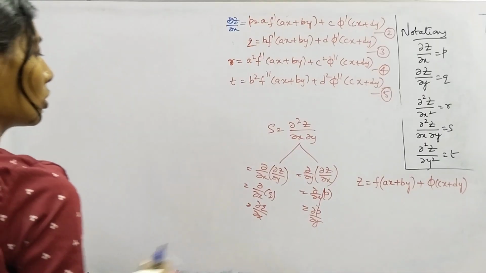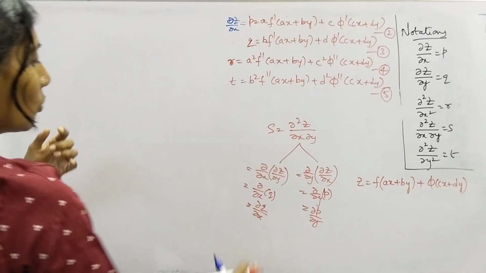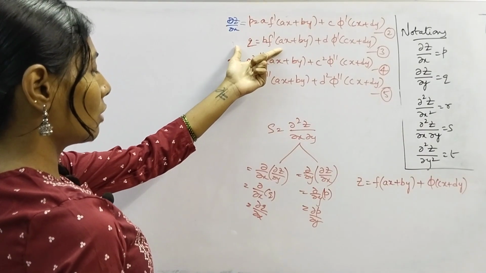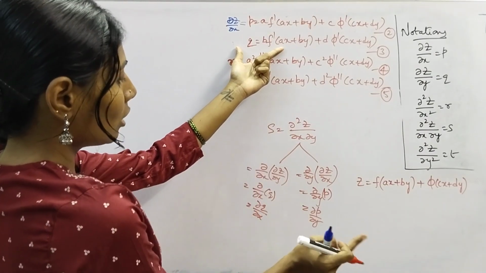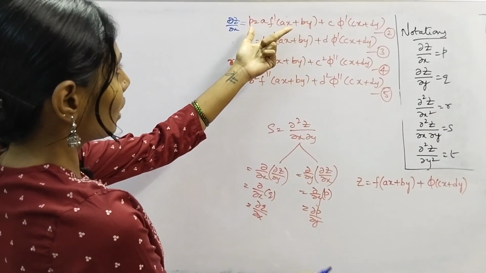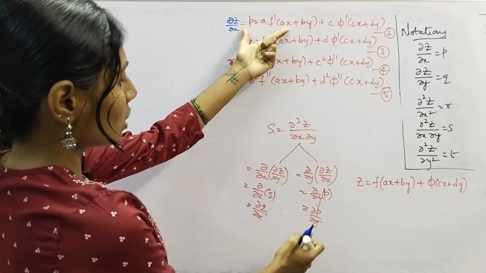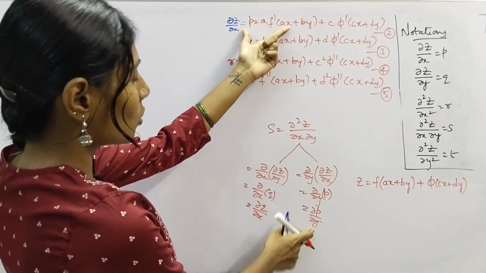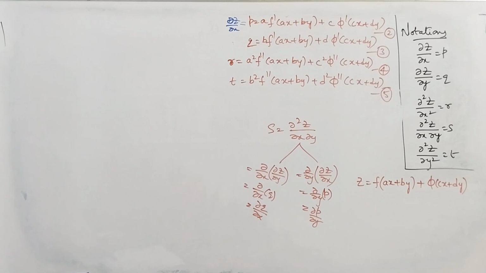Either you can pick the equation involving q or the equation involving p. So if you pick the equation involving q, just partially differentiate it with respect to x so that you'll get the equation involving s. And if you want to find the equation involving s using the equation involving p, just pick this equation and partially differentiate it with respect to y so that you'll get the equation involving s. You can take any of these two. Now I'm going to try for q.